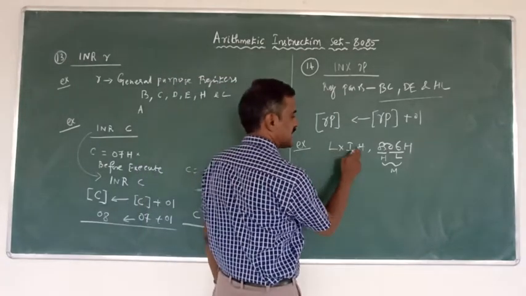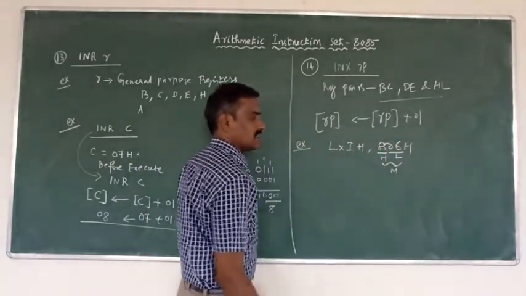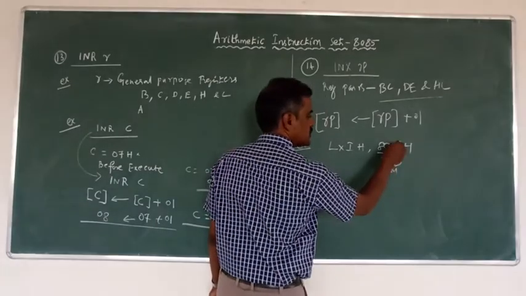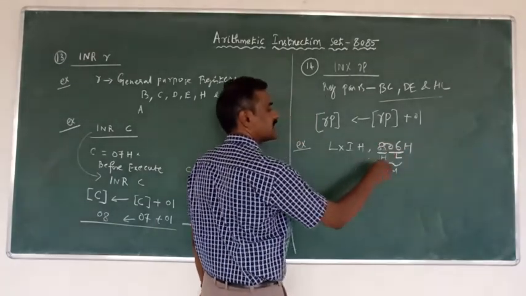Example, LXI H, 8506. Now the L register holds 06 and the H register holds 85.